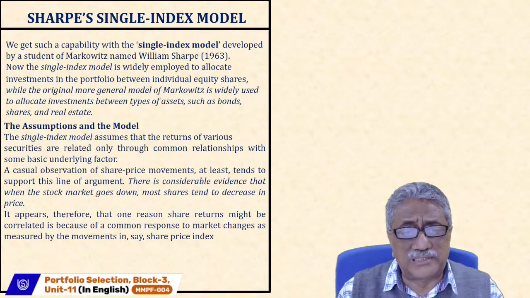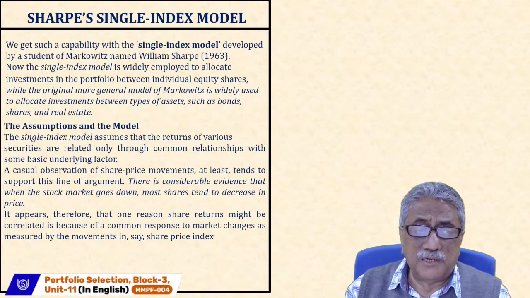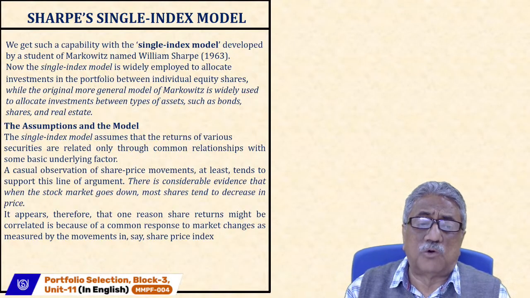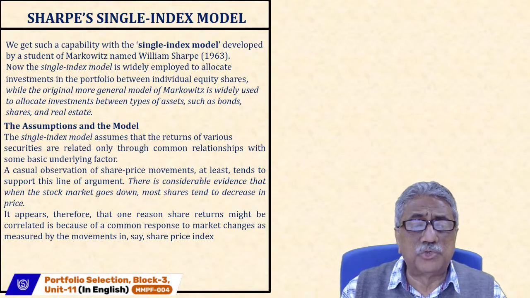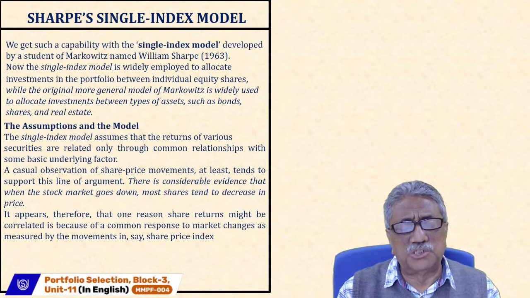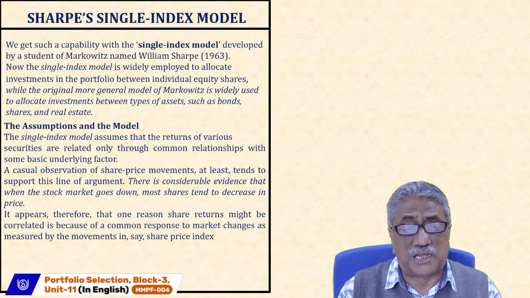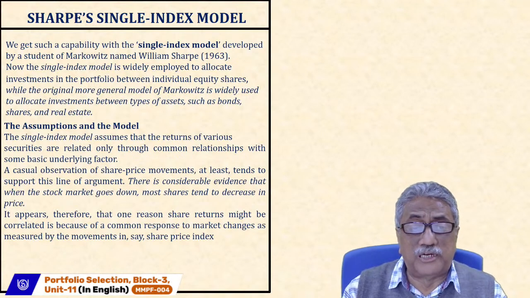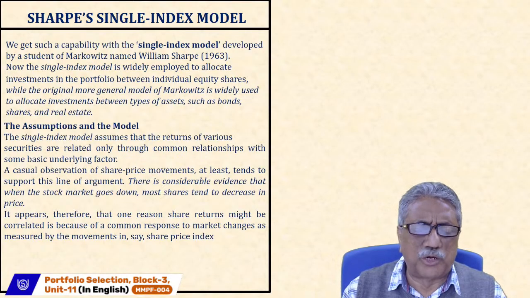The next line: there is considerable evidence that when the stock market goes down, most shares tend to decrease in price. If you are watching CNBC TV18 or any other news channel, you will find that today the market has gone down by 200 points and most of the shares have gone down, maybe some shares have gone up.